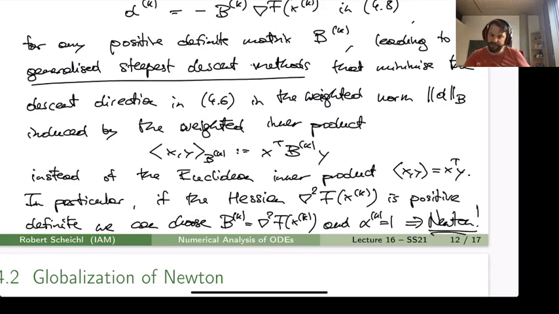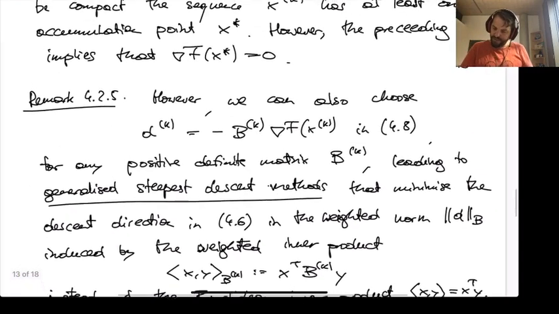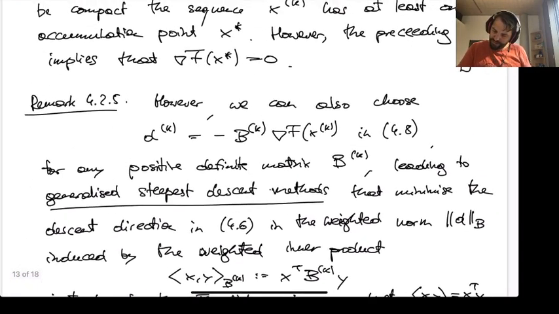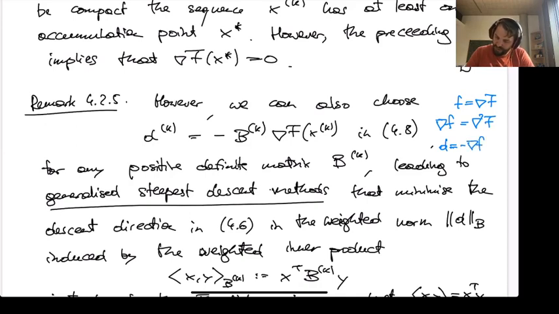If you look back here, remember, I'll just write it down again, our little f was assumed to be grad f, and our Hessian is therefore simply the Jacobian of little f, and so d as written here, I'm just leaving all the superscripts k off. When b is the Hessian, we just get minus Jacobian f inverse.